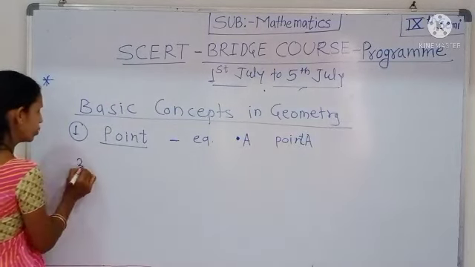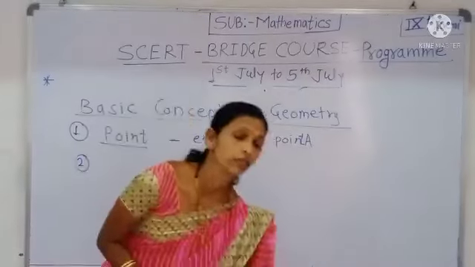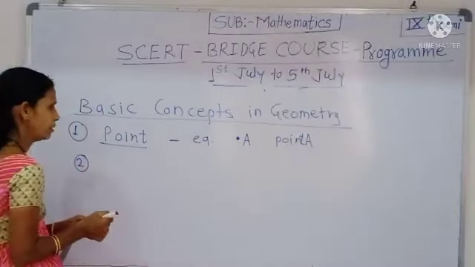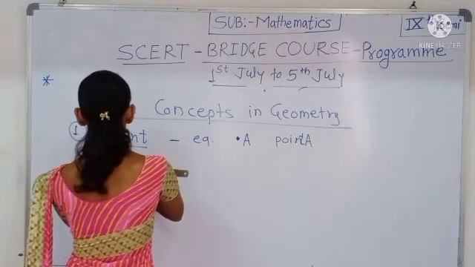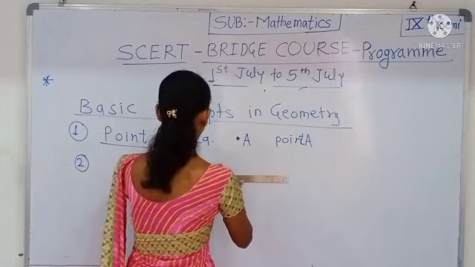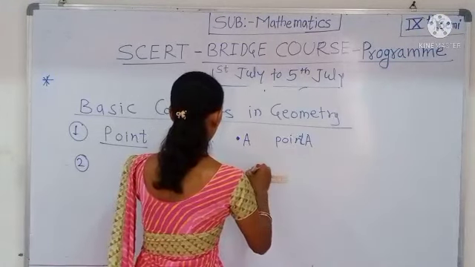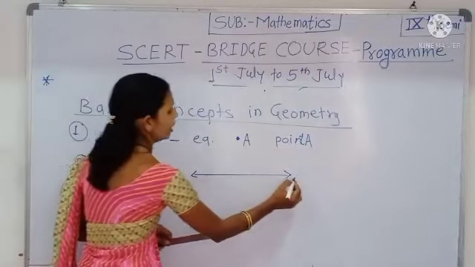As well as one more concept is there, that cannot be defined by us, but we can understand that figure. That is, see here, it is the figure of a line.